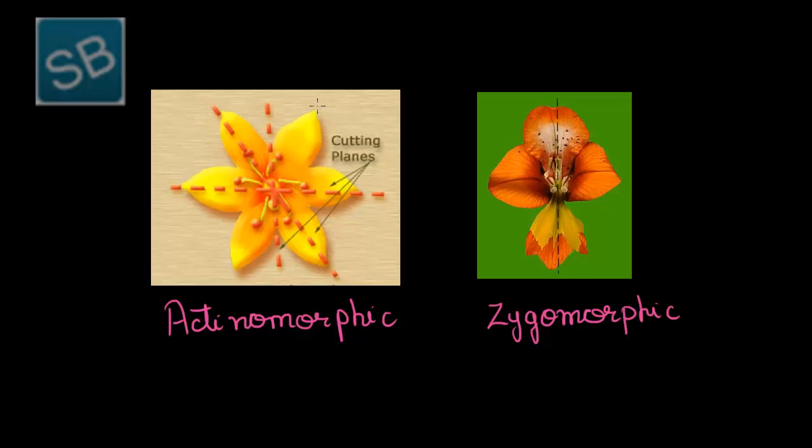These figures describe the actinomorphic type of flower in which the symmetry is equal along any longitudinal plane. On the contrary, in zygomorphic, the flower can be divided into two equal halves along a single longitudinal plane passing through the central axis.